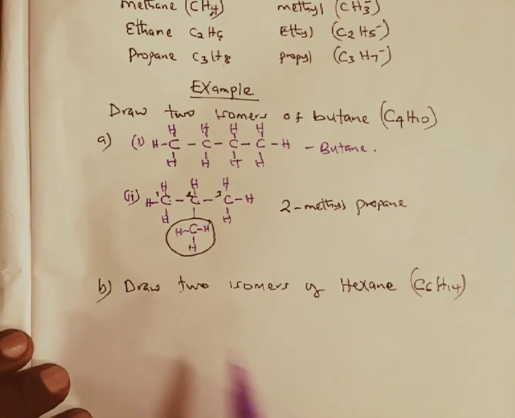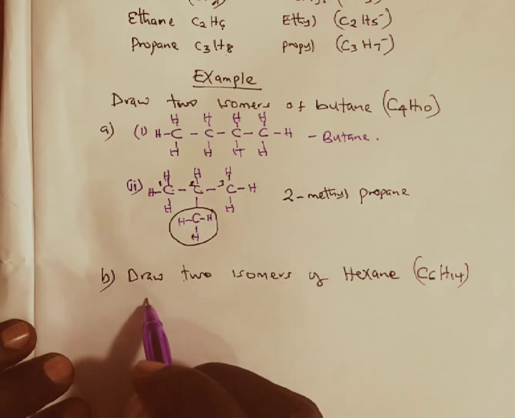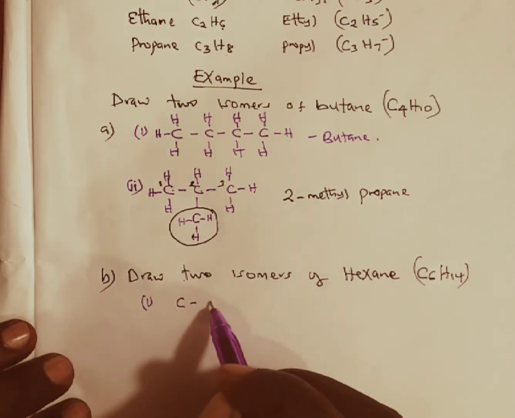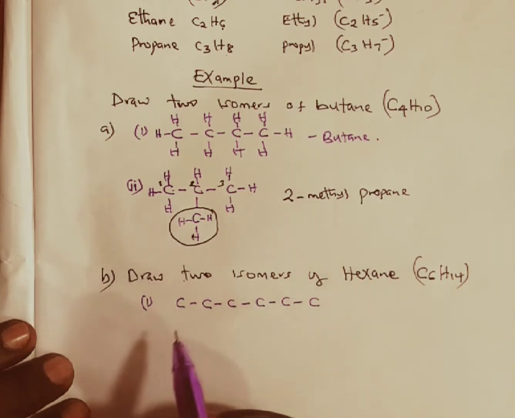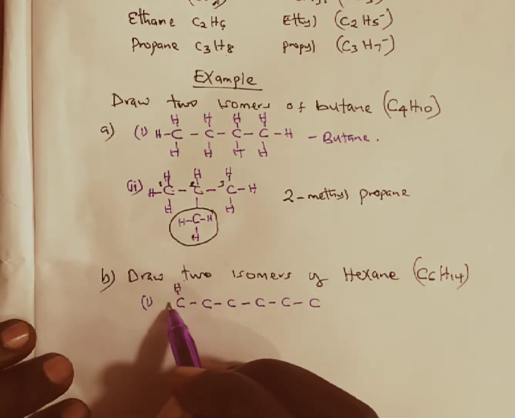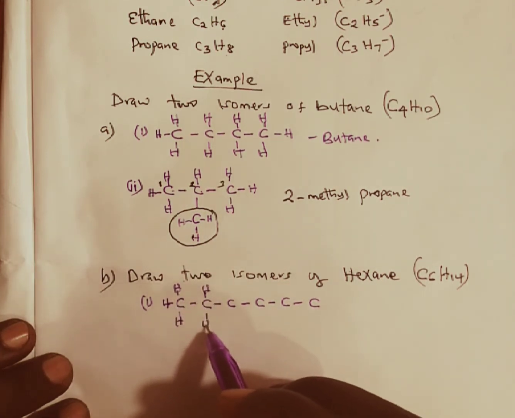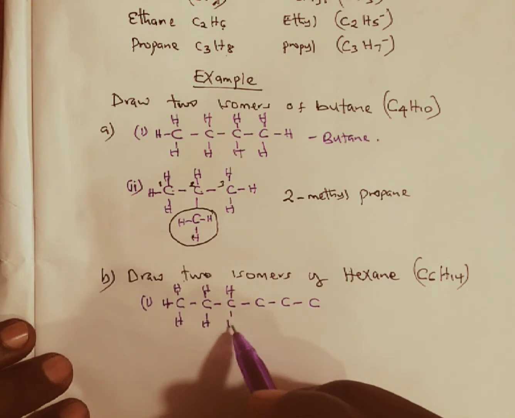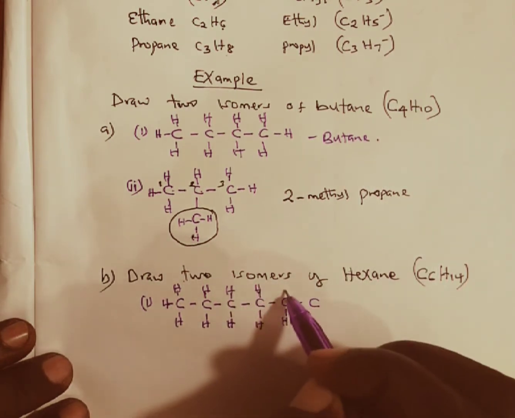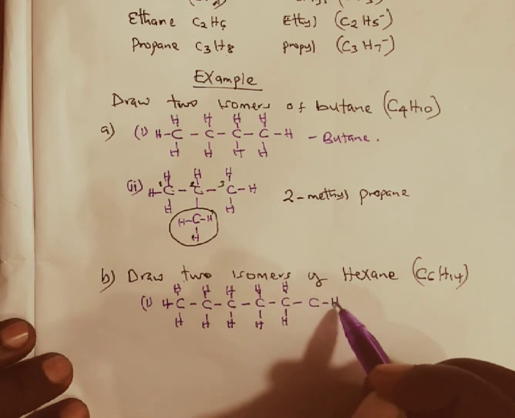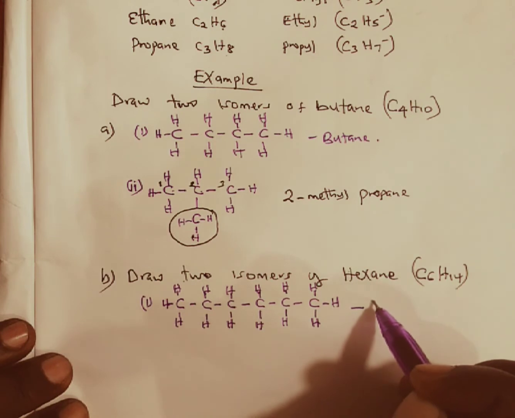So the first one will always be drawn the way it is, and therefore we are going to have 6 carbon atoms. Then we feed in the number of hydrogens. So the first one is drawn the way it is, and this one is known as hexane.